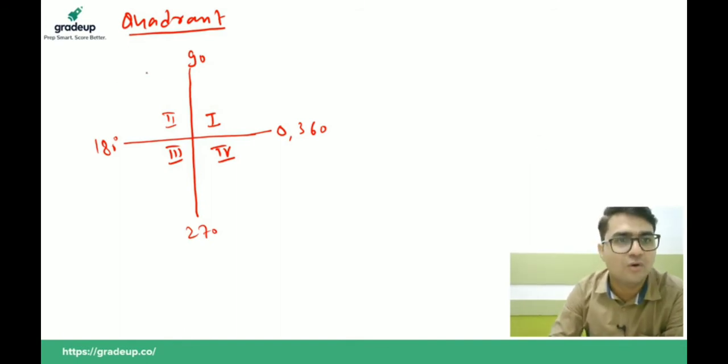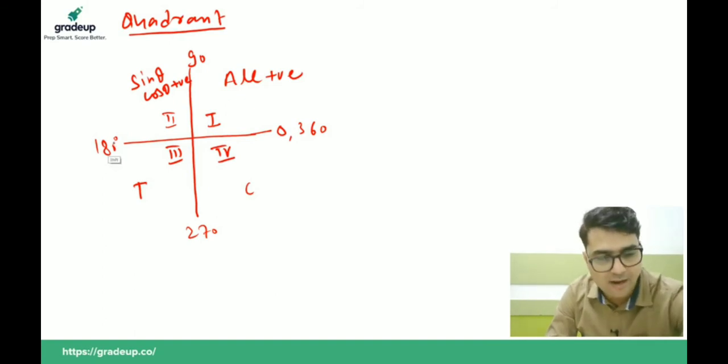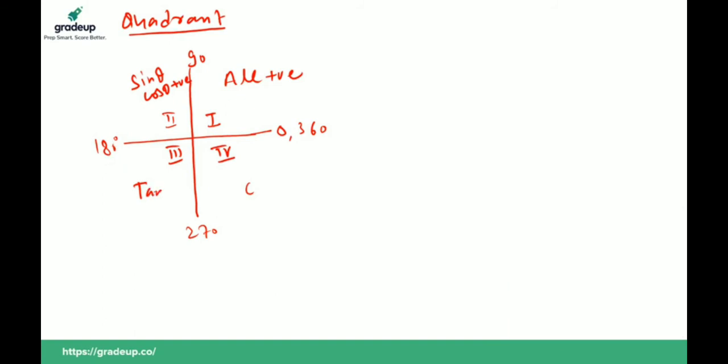Now this is ASTC. A stands for all positive. This is sine theta and cosec theta positive, rest are negative. This is tan theta and cot theta positive, rest are negative. And this is cos theta and sec theta positive, rest are negative.